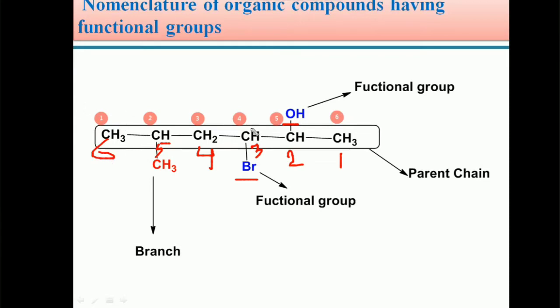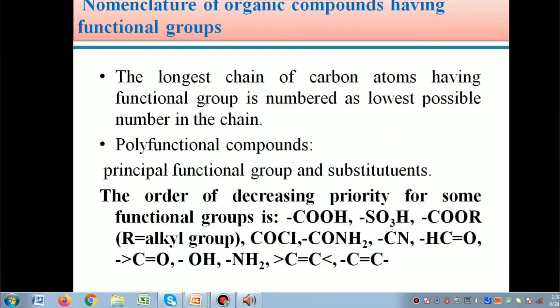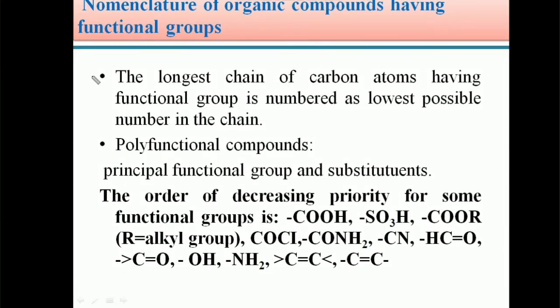So from left to right, the functional groups get the 4th and 5th positions, or if you give numbering from right to left, the functional groups get the 2 and 3 positions. So this is the lowest possible number. This is the preferred one, but not the other. This is the rule we should follow whenever assigning the numbering in organic compounds having a functional group. So this is rule number 1: the longest chain of carbon atoms having the functional group is numbered with the lowest possible number in the chain.